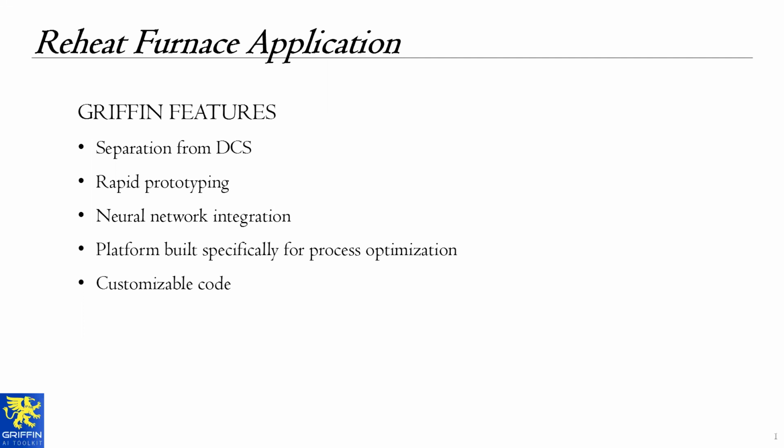Using Griffin, you have this more flexible layer that can communicate with the DCS, sitting sort of on top of it, in between the operator and the DCS, doing ultimately a lot of the things that operators would normally do, or that you would want operators to do, doing it with greater consistency and more accuracy.